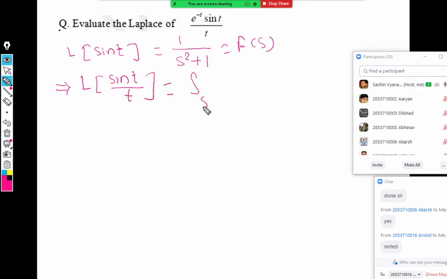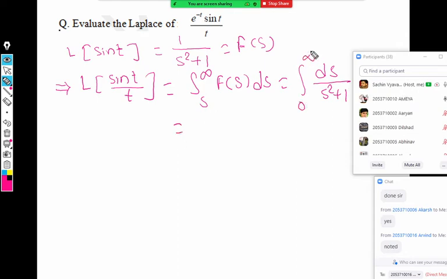Integral s to infinity f(s) ds, which is integral ds upon s square plus 1. And what's the integration? Tan inverse s upon 1. Only tan inverse s then. Okay, no need to write upon 1. Both are correct. It's s to infinity.